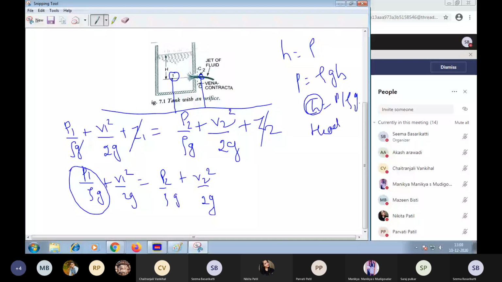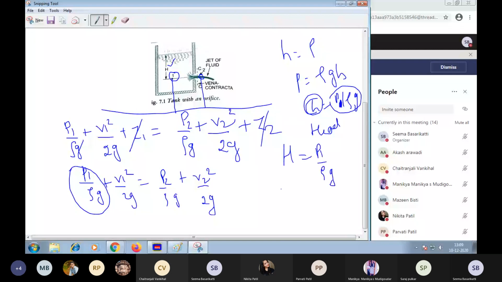Here instead of P there is P1, which is the head available at the first section. Is it small h or capital H? It is capital H. Capital H is P1 by rho g.